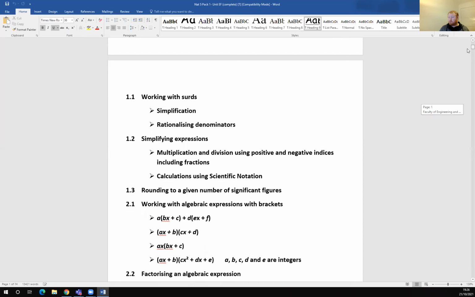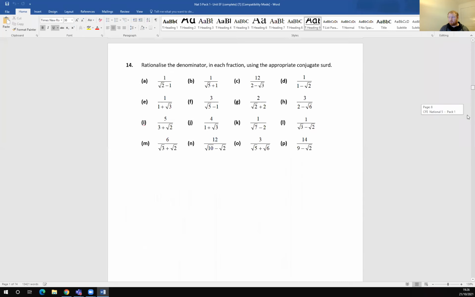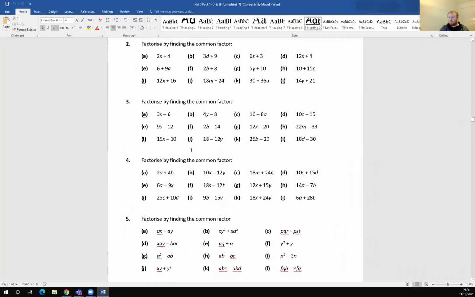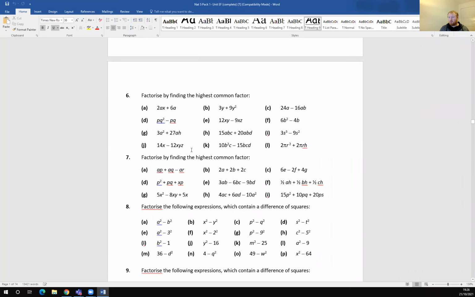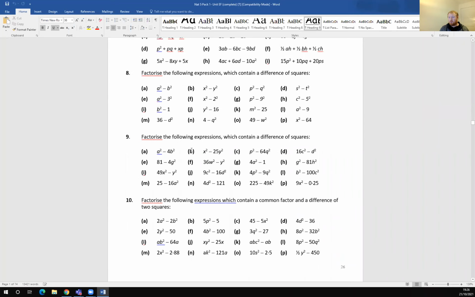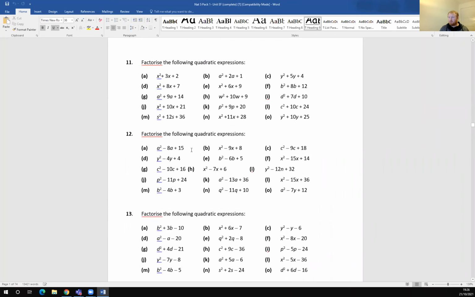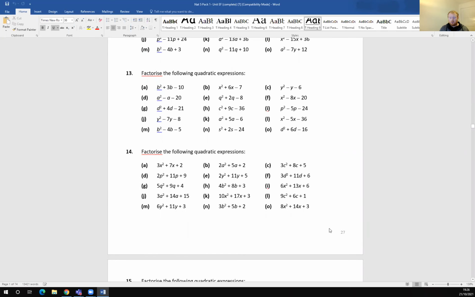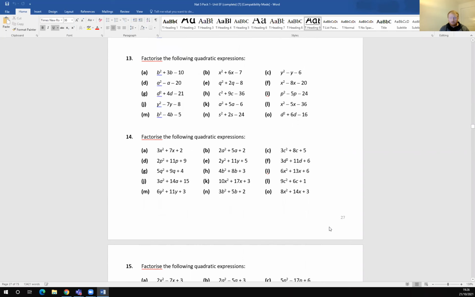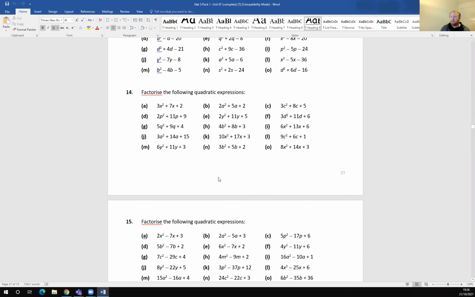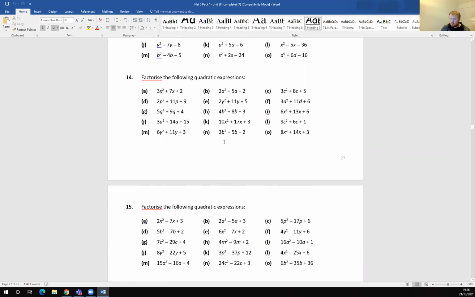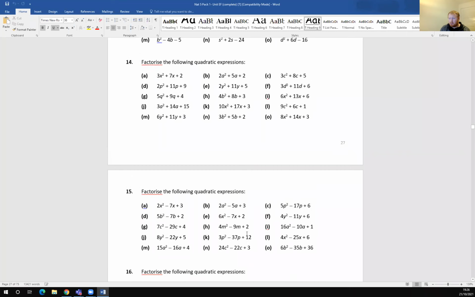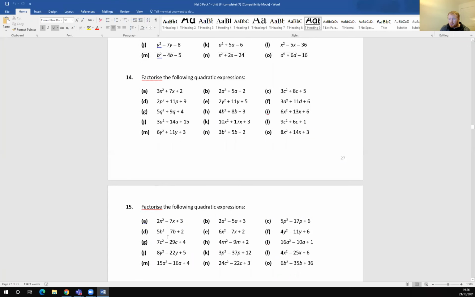Page 26 and 27, questions 14 and 15. There shouldn't be any trick questions in there. I'm not trying to trick you.